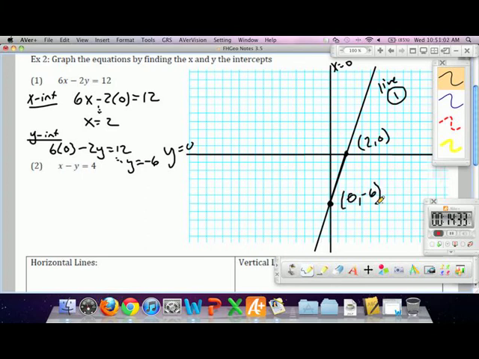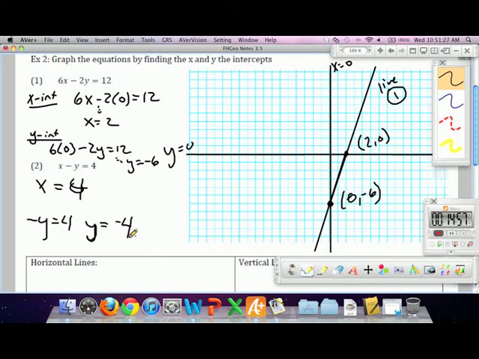Repeat this game for number 2. The x-intercept is when y is 0. x is 4. The y-intercept is when x is 0. Quickly substituting and rearranging, the x-intercept is when x is 4.